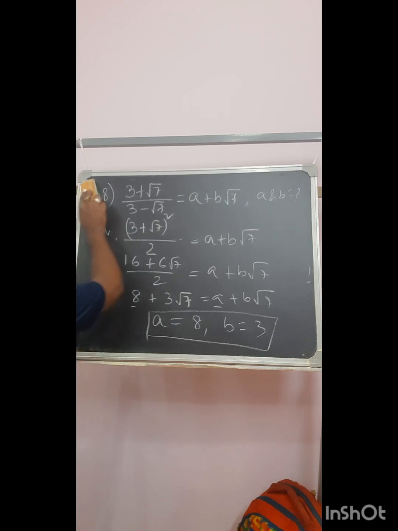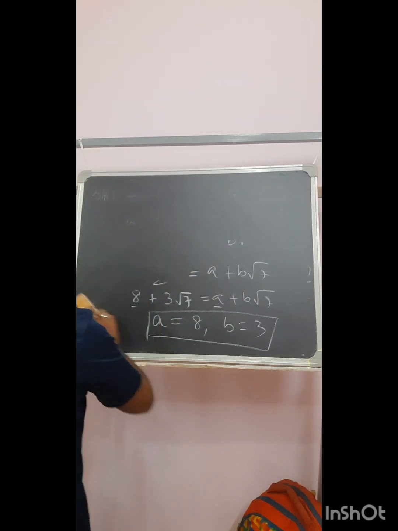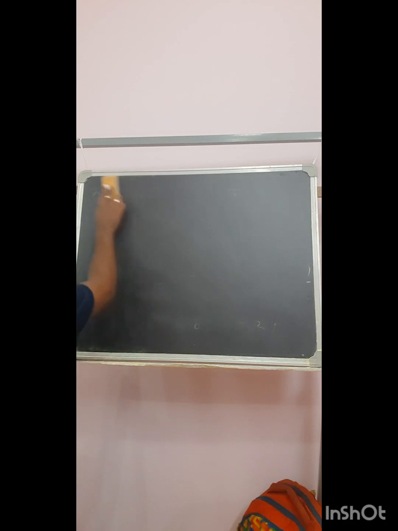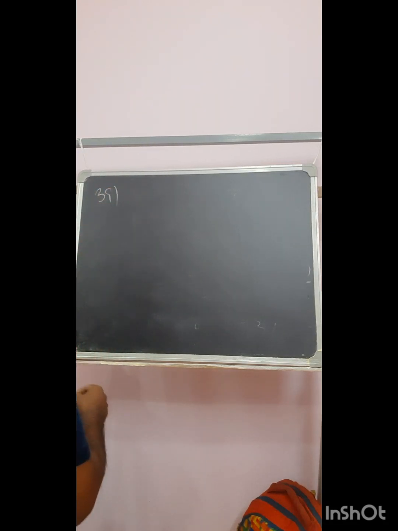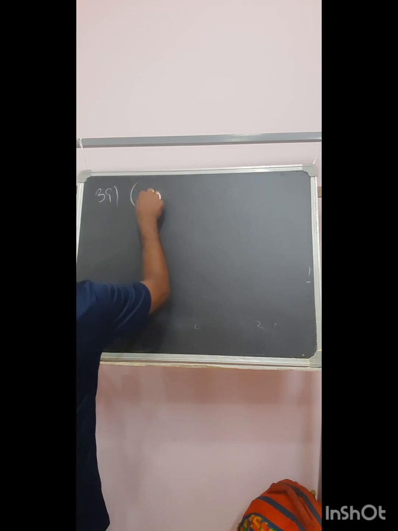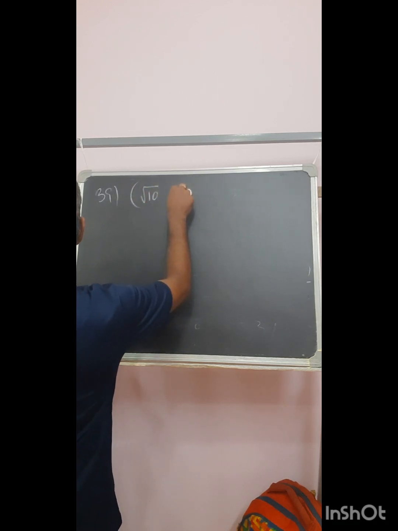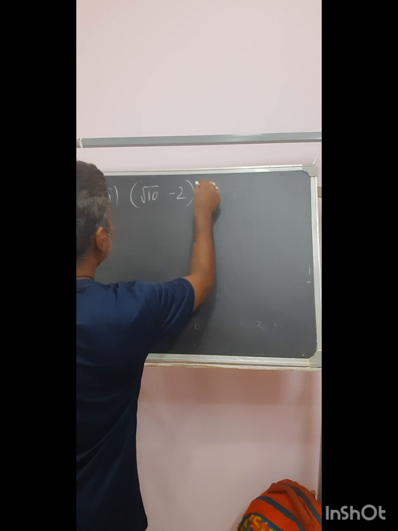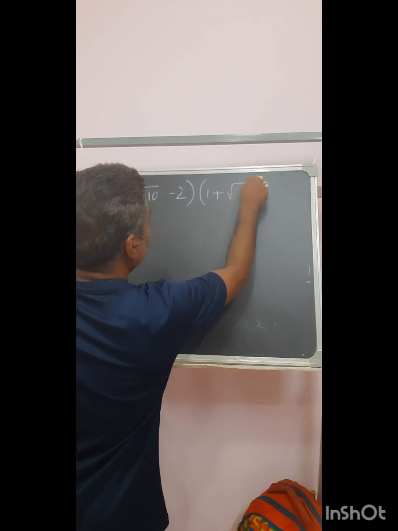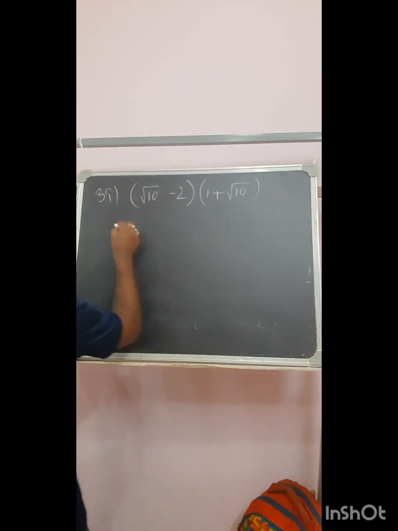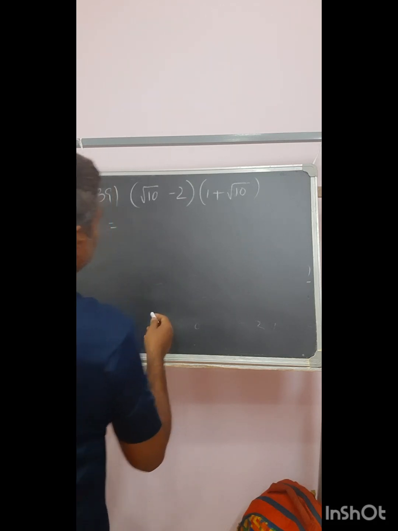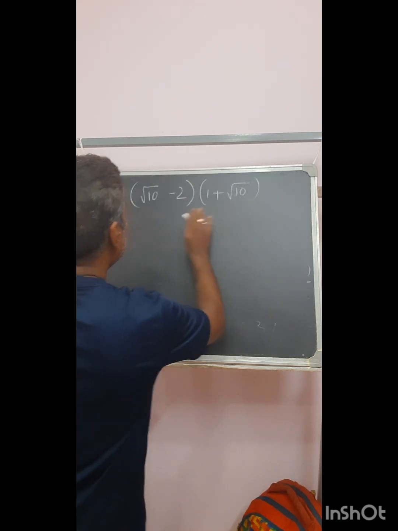Okay, coming to the next problem, that is 39. This is again a simplification: (root 10 minus 2) times (1 plus root 10). There is not much theory or any concept in that.